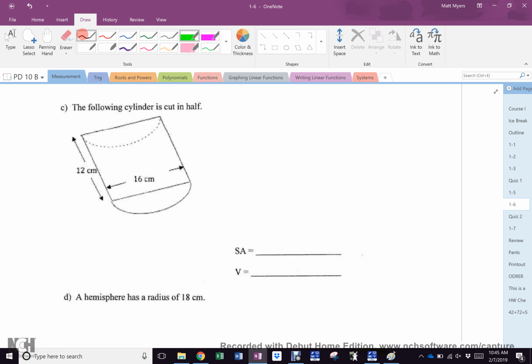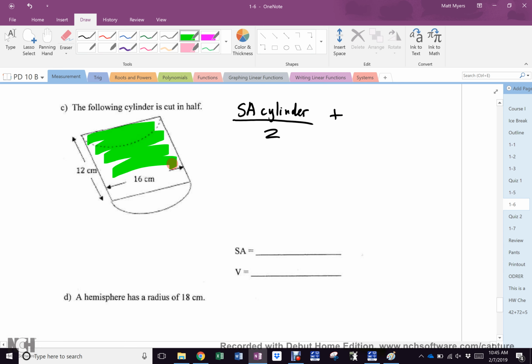The surface area of this cylinder. It is the surface area of a cylinder that has been cut in half, divided by 2. But what have I created? New surface. What shape is that new surface? A rectangle.